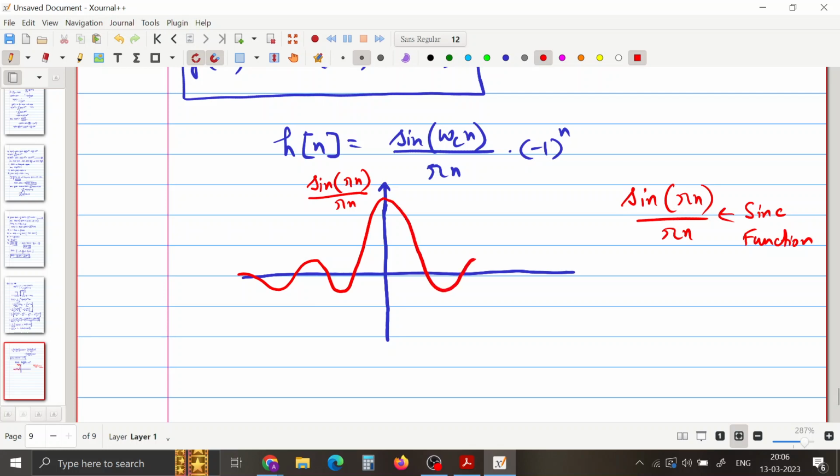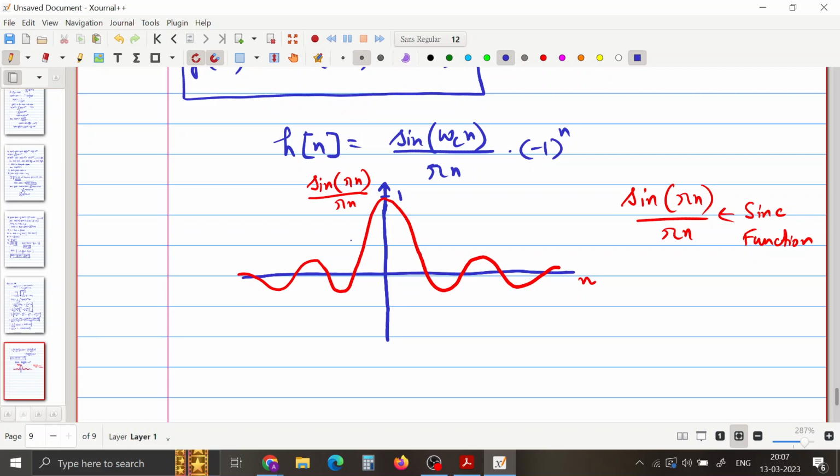It's not a good picture, but it's roughly like this. This amplitude is 1, and it's plotted against n.